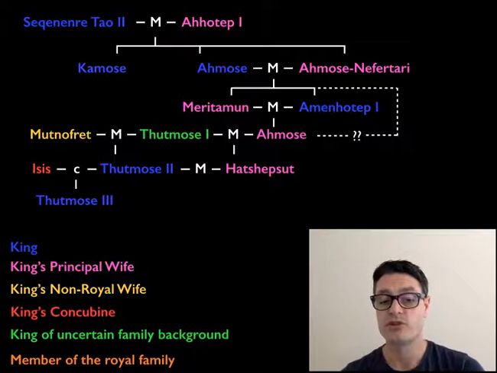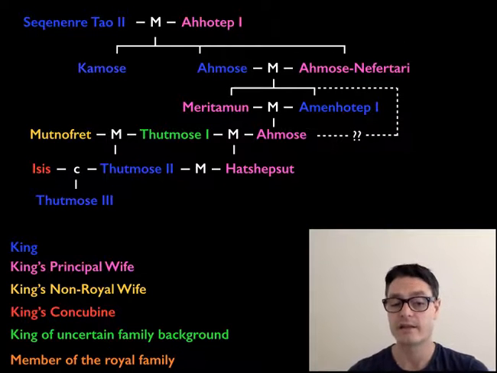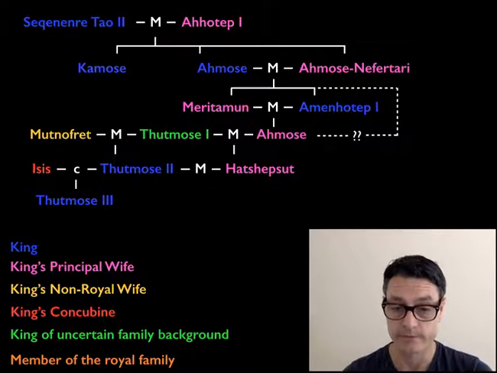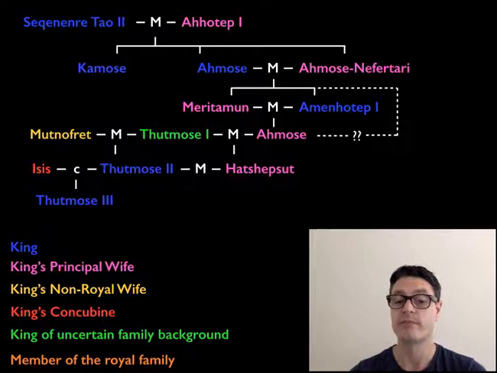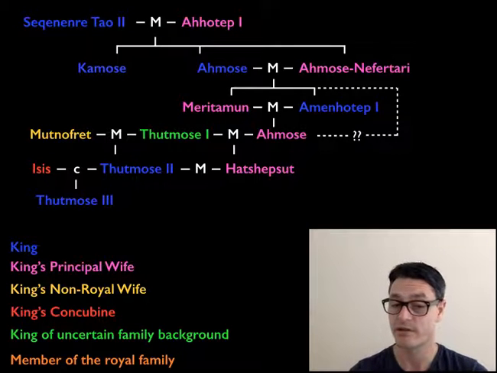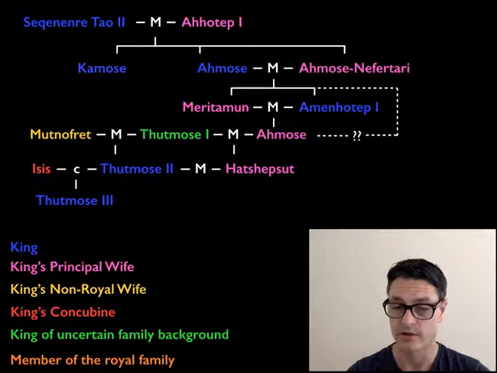From Thutmose II and Isis, we have another son born, Thutmose III. So his relationship to Hatshepsut is as a stepson, because she's also married to Thutmose II, and also as a nephew, because her brother is Thutmose II. So I'll say that again.